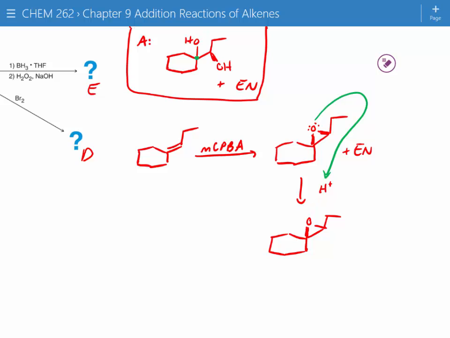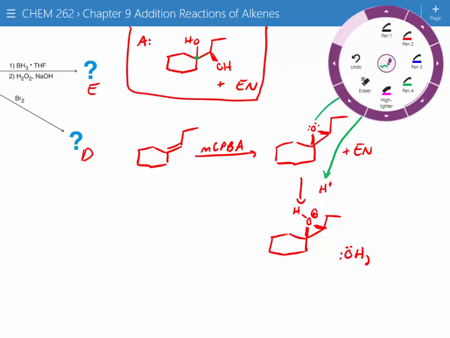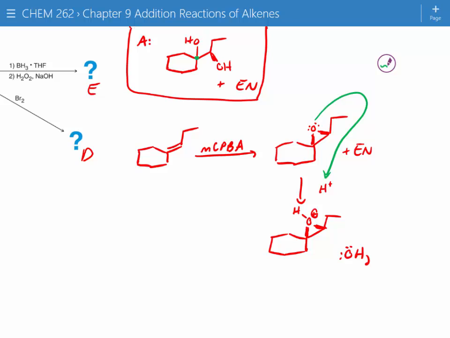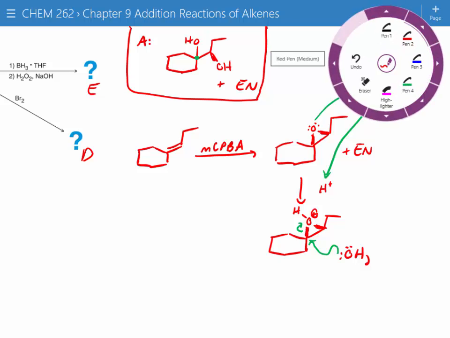Let me draw this a little bit better. So now we've got our epoxide. And water is also assumed to be in solution. Which side is that water going to attack? The more hindered or less hindered? More hindered. Then it will ring open.